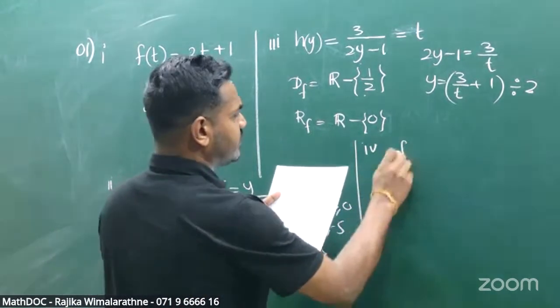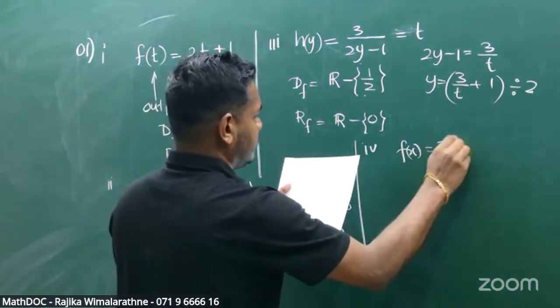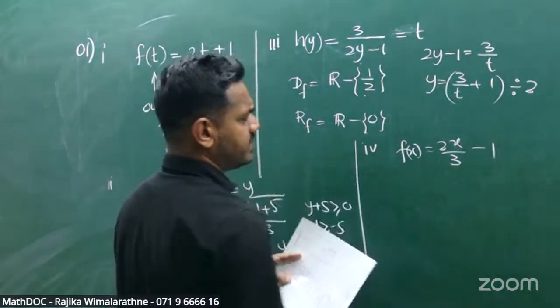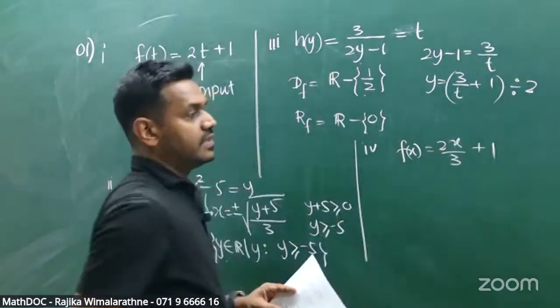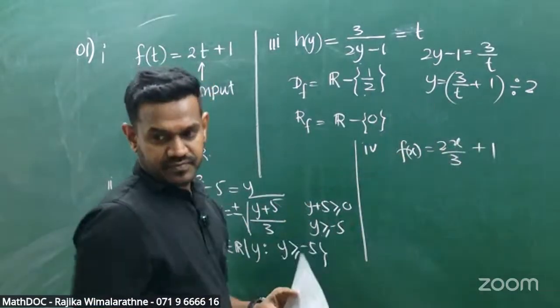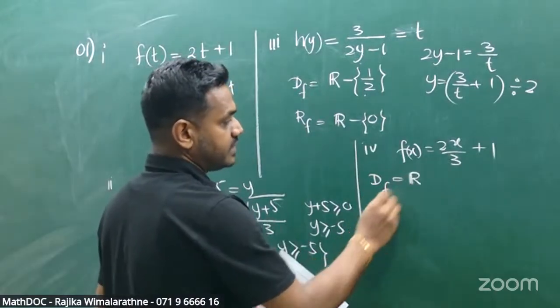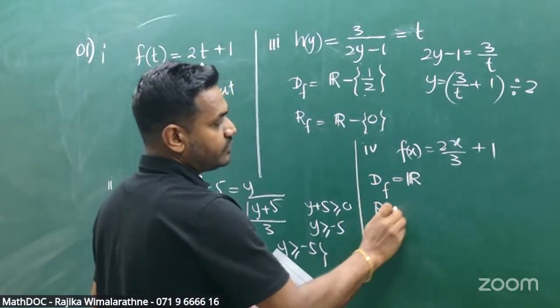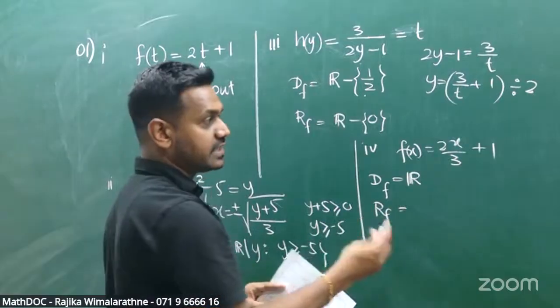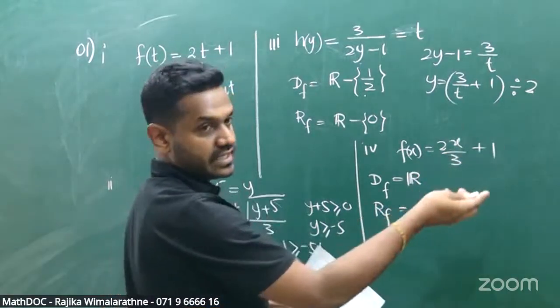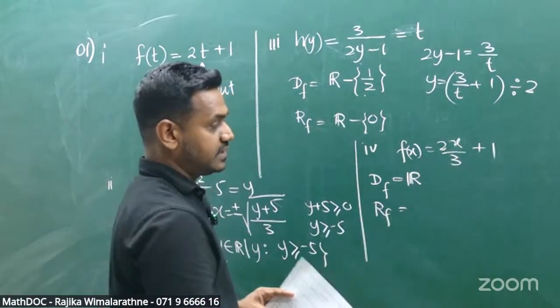Then question number 4. Here f(x) is given as 2x over 3 minus 1 plus 1. Here this is a linear polynomial type. Therefore, the domain is the real set. Then for the range, for any linear function, the range is the real set again. You can make x the subject, then no restriction can occur there.